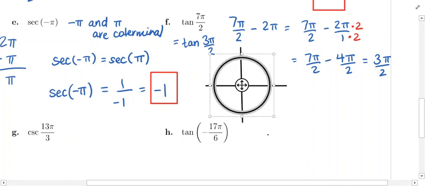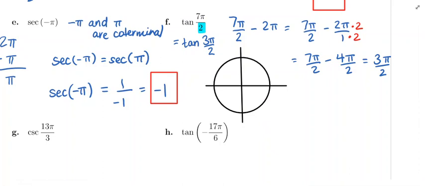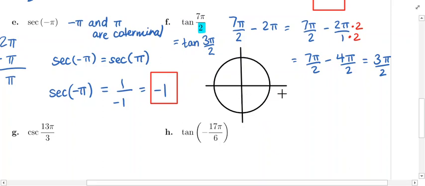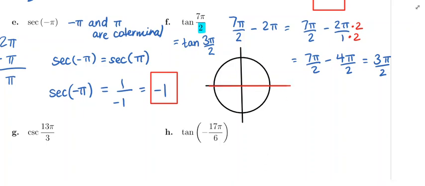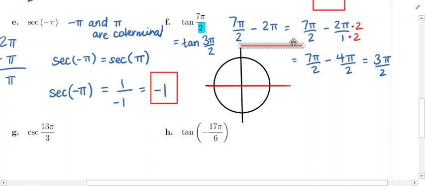When you see 7 pi over 2, you need to focus on that denominator. You need to take the top half of the circle and the bottom half of the circle and break it into 2 equal parts. I'm going to highlight this in red so you can see it. I'm going to focus on the top half of the circle. I need to break it into 2 equal parts. Luckily that's done by the quadrants.